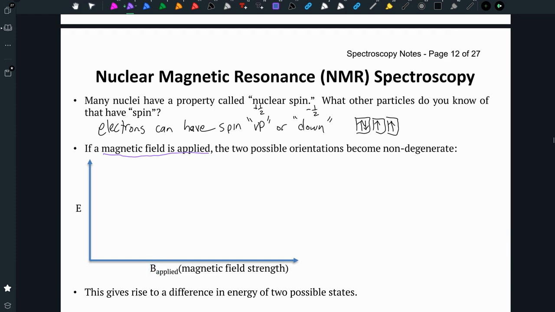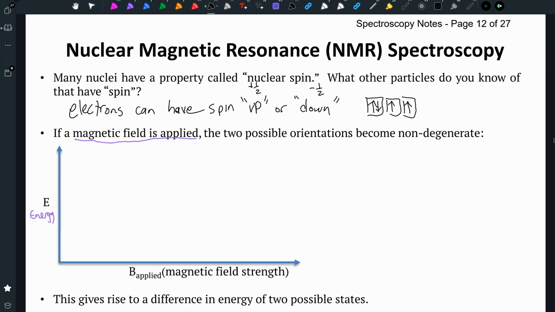It turns out that here E is representing energy. So the y-axis here is energy. If you start with your nuclei, the ones with positive spin and the ones with negative spin have exactly the same energy when there's no external magnetic field. But if you apply an external magnetic field, those two will diverge.